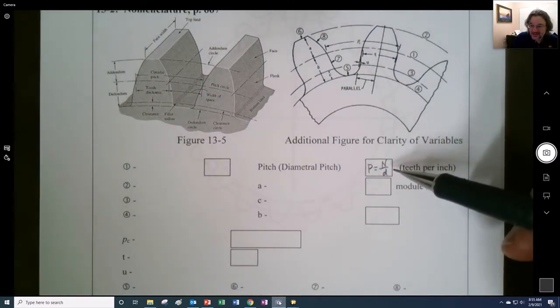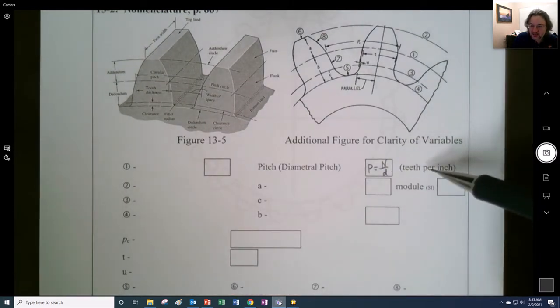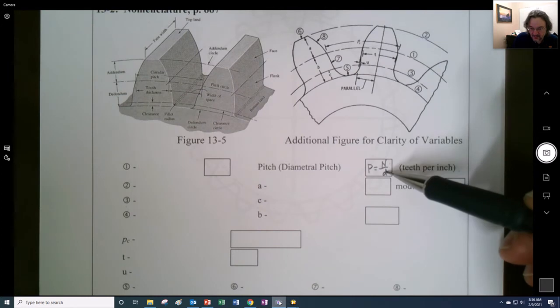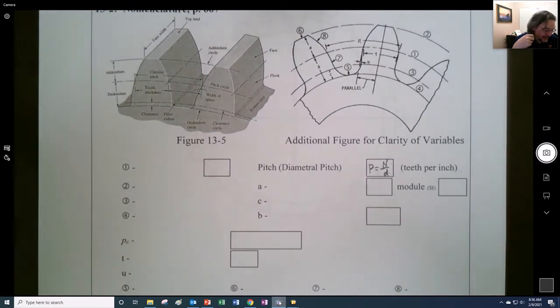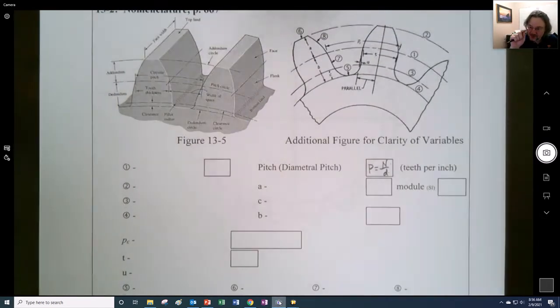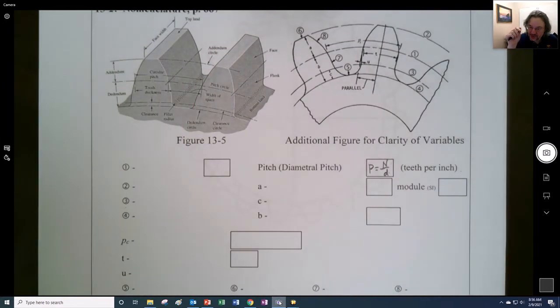Okay, so it's not exactly threads per inch, but it is called teeth per inch, because there's number of teeth divided by inch right here. But in terms of a physical thing that you might think of, you couldn't count the teeth per number of inch, right? It is just the number of teeth divided by the nominal diameter, and this is called the pitch diameter, right?